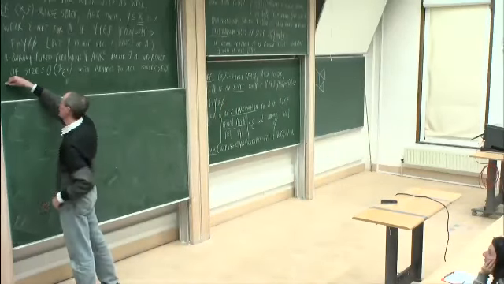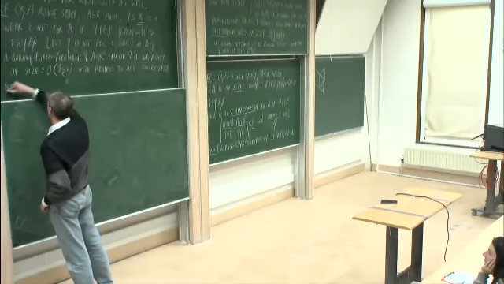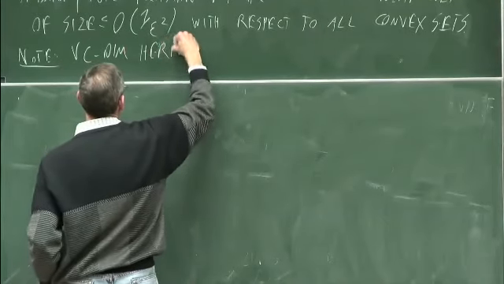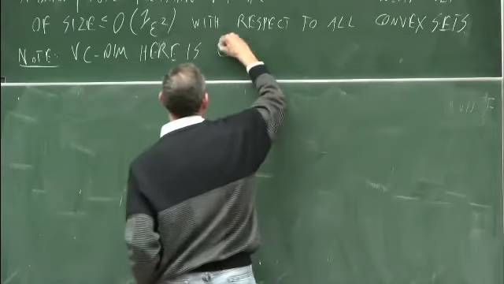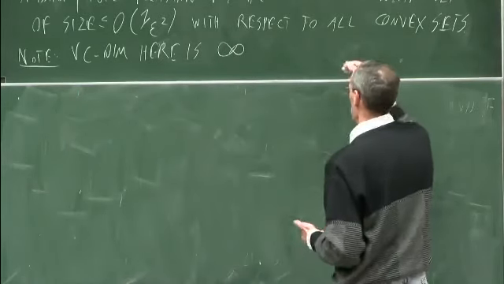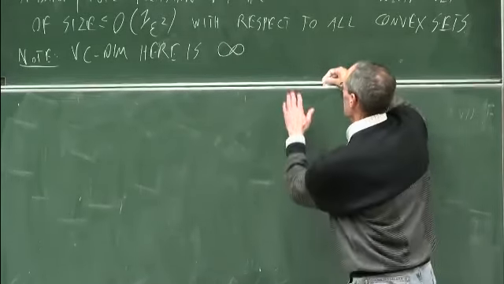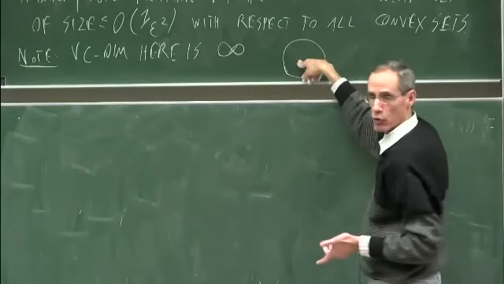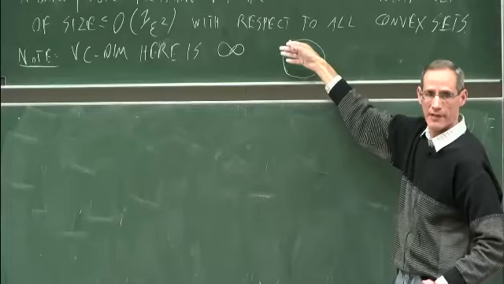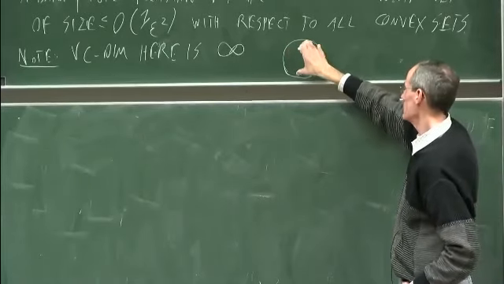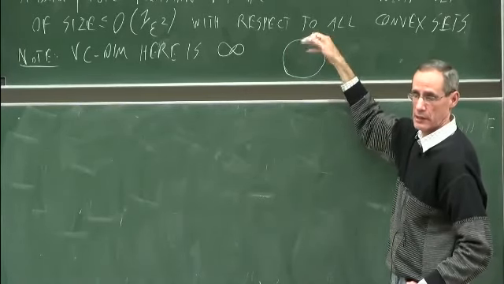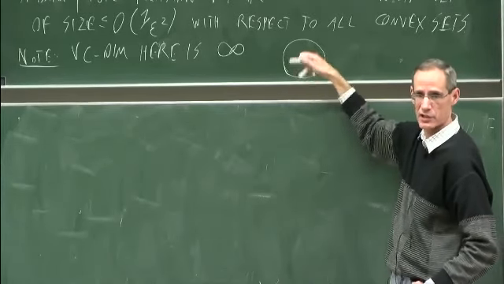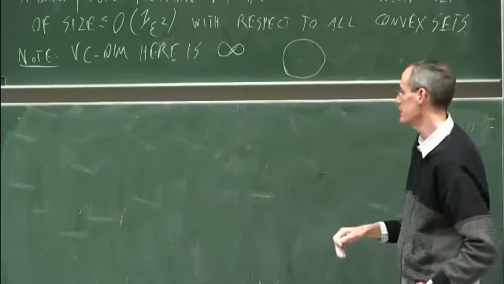Note that the VC dimension here is infinity, right? In fact it's even continuum, not aleph naught, because if you take all the points on a circle, then for every subset you can take the convex hull of it, and this will be a convex set, and it intersects the circle exactly in this subset. So this is a shattered set, and it's an infinite shattered set.